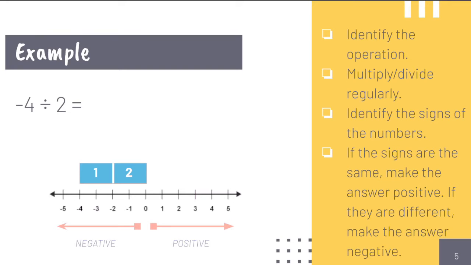But where did we divide the box? On the negative 2 mark. So the final 2 divided boxes are all still on the negative side of the number line, meaning that our quotient would be negative. So our final answer is negative 2.